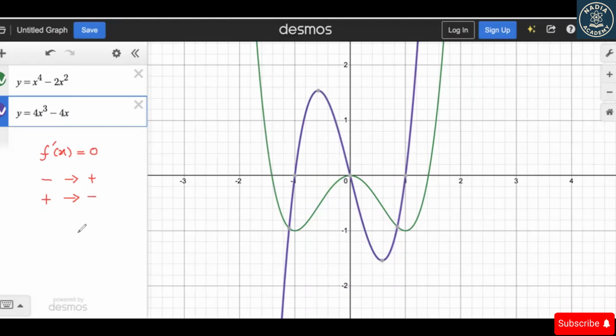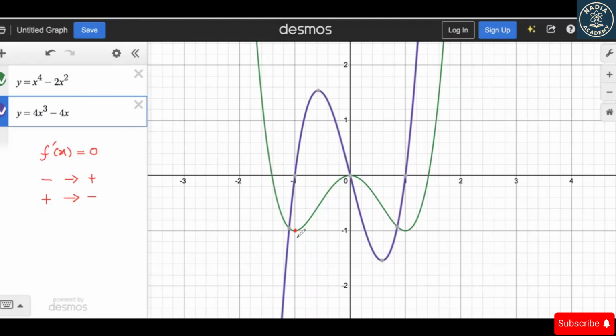Okay, so this is very interesting and very important. Now we can see in this green function, which is our original function, that it is actually decreasing up to this point, and then at this point where x is equal to -1, the sign of the gradient of this function is changing.